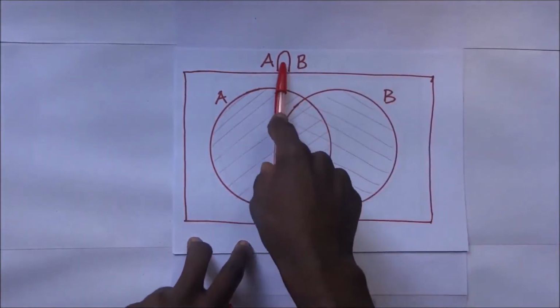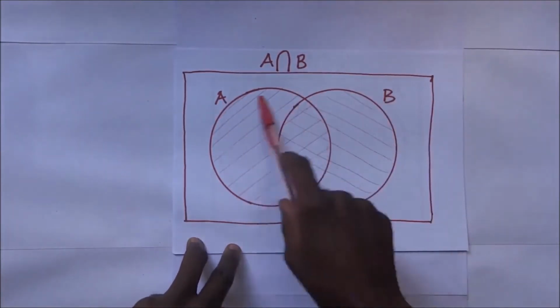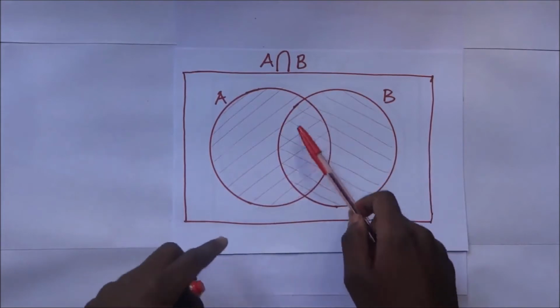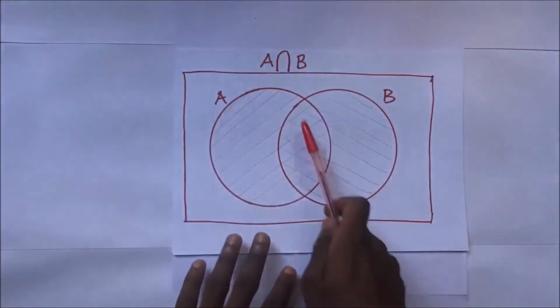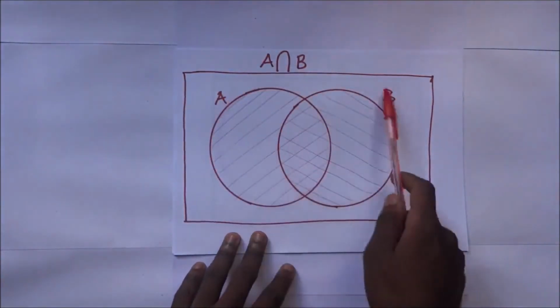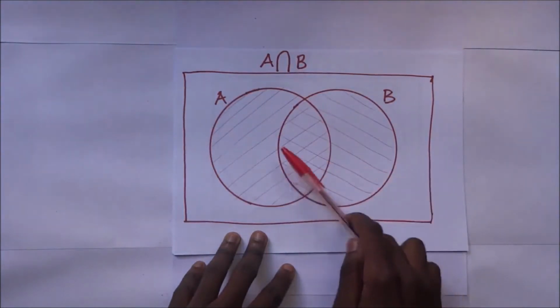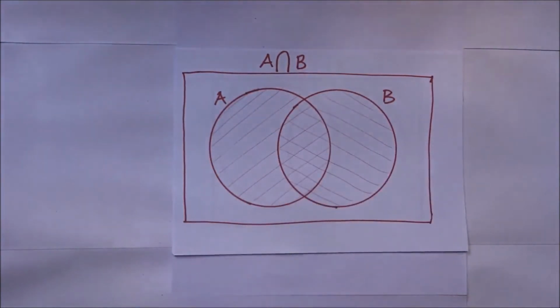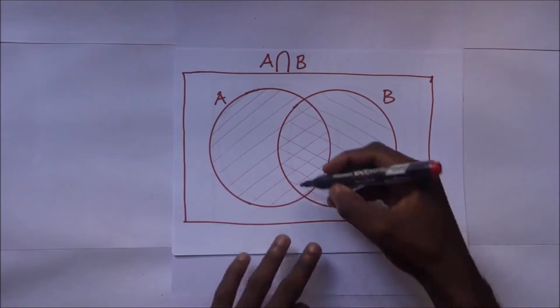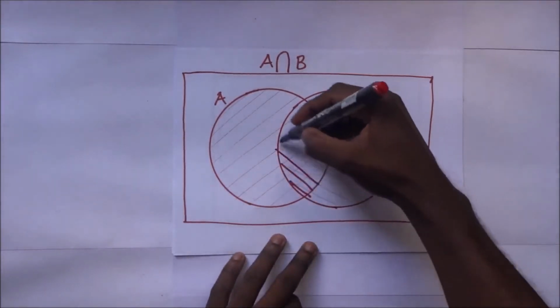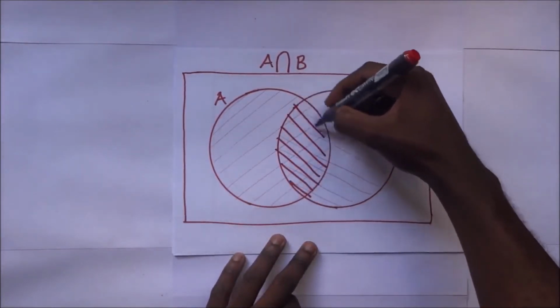Now, the intersection is where these two sets are meeting. It means where these lines are intersecting. That is the intersection. So A intersection B is this middle part, because that is where these lines are crossing each other. So that is what we shall shade as our intersection. So this is set A intersection B.